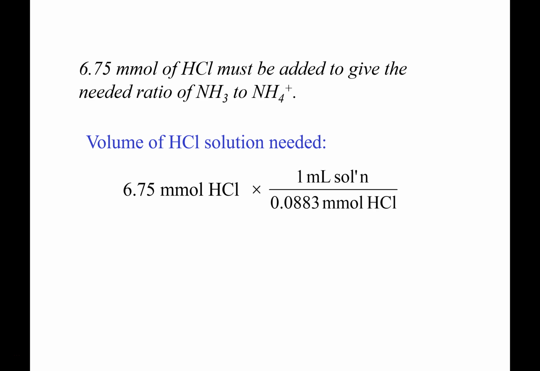So 3 sig figs, we're looking at 76.5 milliliters of HCl solution. Will get you the chemistry that will create the buffered solution you want to get a pH of 9.50.